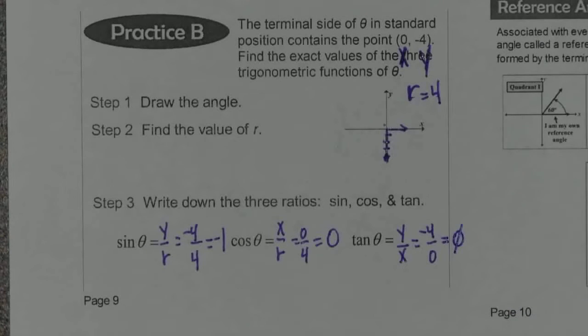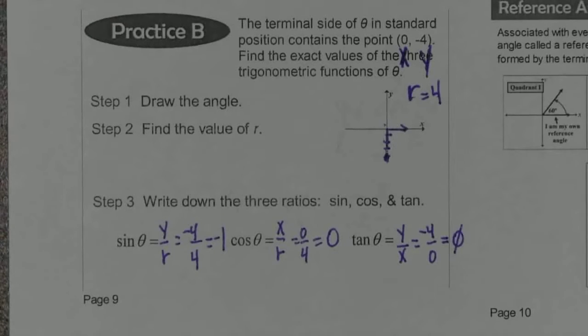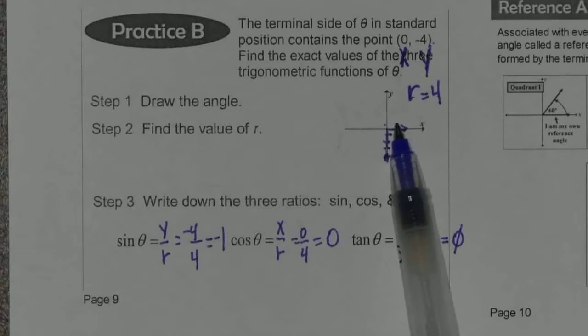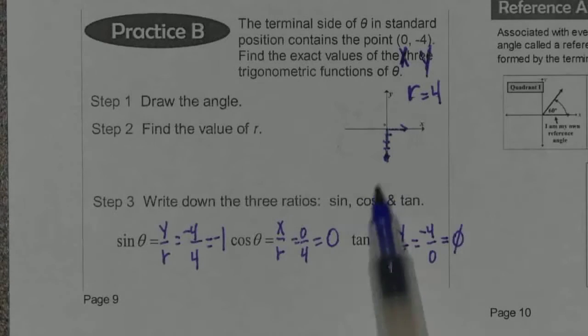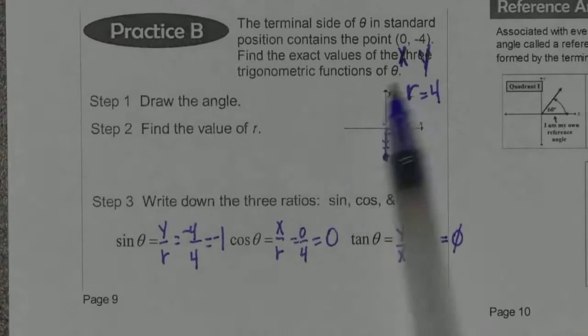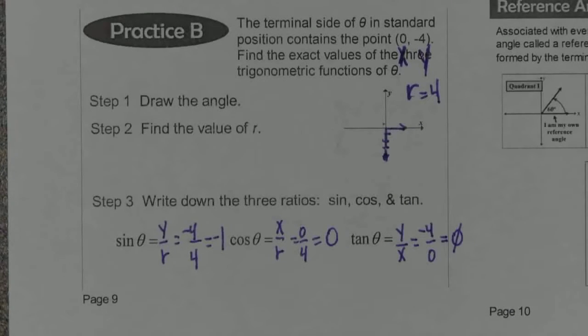It's actually undefined. You can't divide by 0, so it's undefined. Okay. So even if you can't draw your triangle because your angle is on one of the axes, you can totally just do your formula still and use your x, y, and r values.